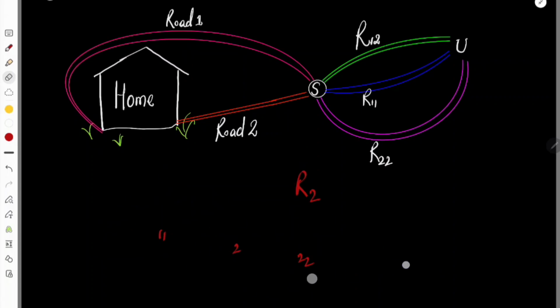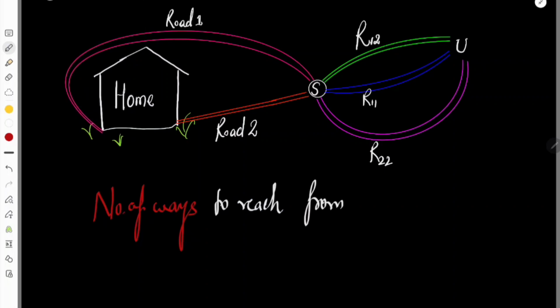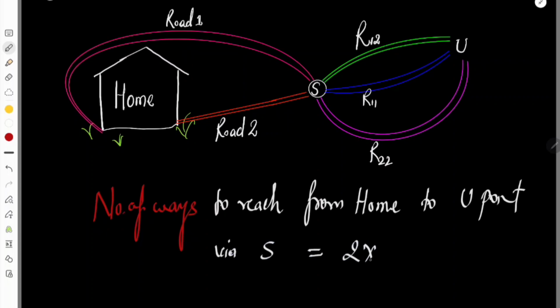You will say, sir, follow the product rule or multiplication rule. The number of ways to reach from home to point U via S is 2 into 3, that is 6 ways.